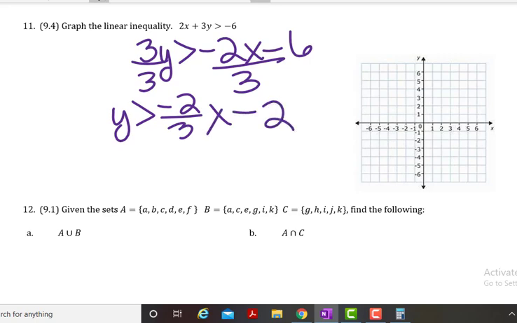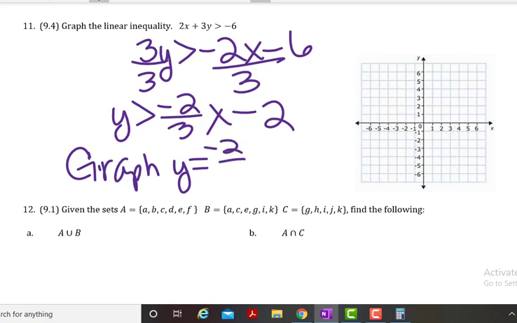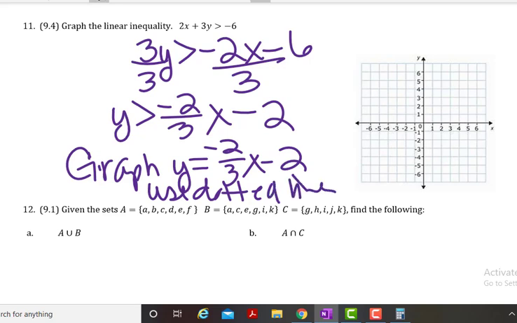After this, I will graph the comparable line. So I will graph y is equal to -2/3 x minus 2, and I'm going to use a dotted line because y is strictly greater than -2/3 x minus 2.